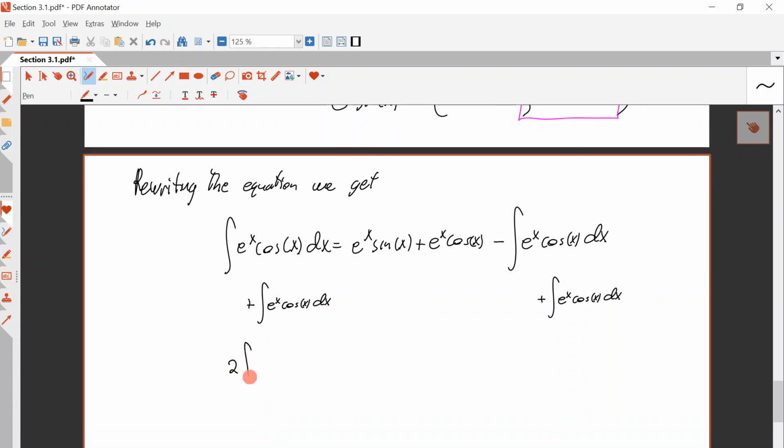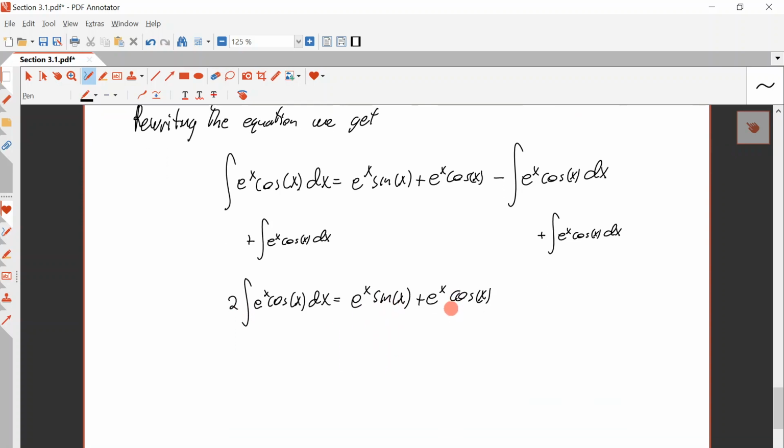So I have 2 times the antiderivative of e to the x cosine x is equal to e to the x sine x plus e to the x cosine x, and now divide by 2.